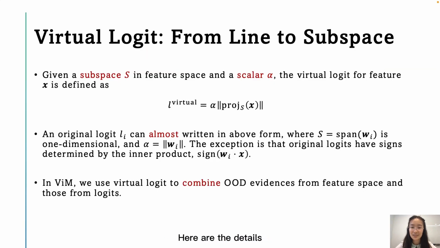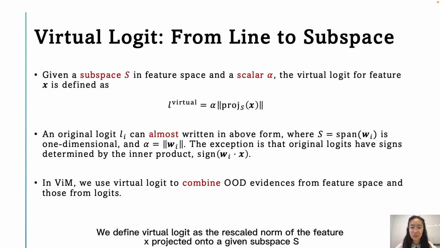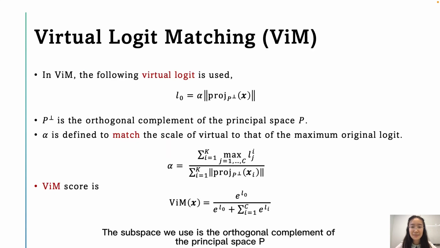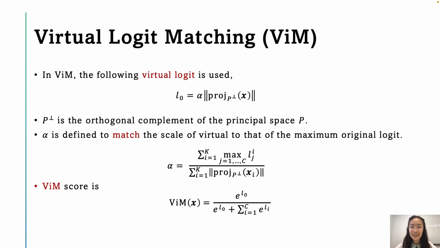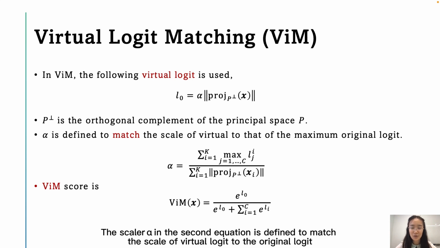Here are the details. We define virtual logit as the rescaled norm of the feature X projected onto a given subspace S, and that's the tool to combine OOD evidence from feature space and those from logits. The subspace we use is the orthogonal complement of the principal space P. The scalar alpha in the second equation is defined to match the scale of the virtual logit to the original logit.